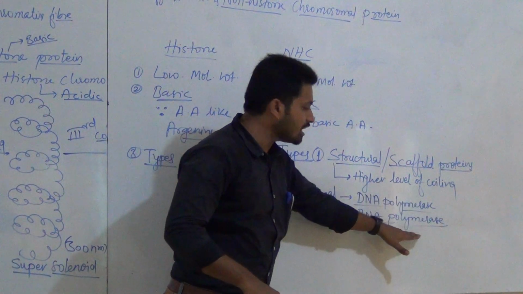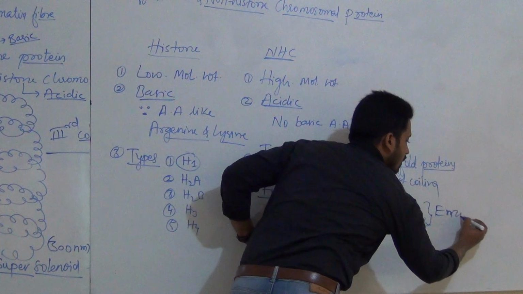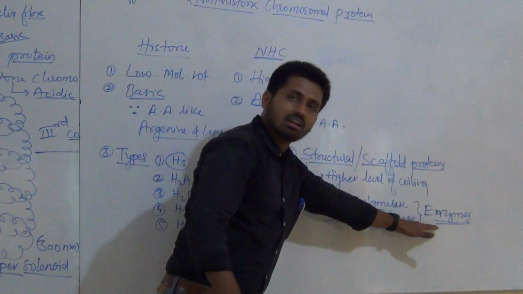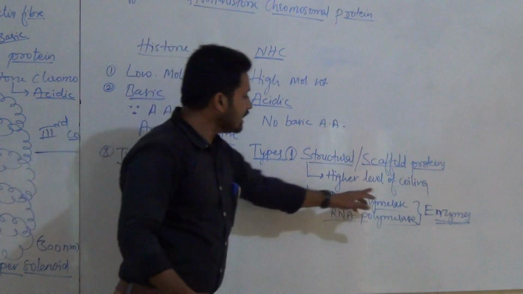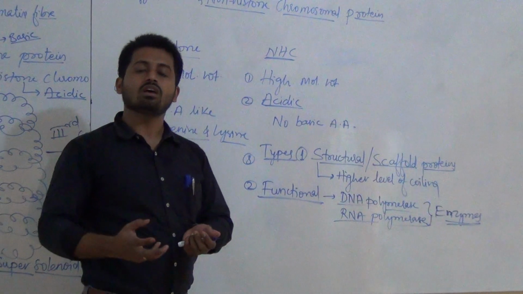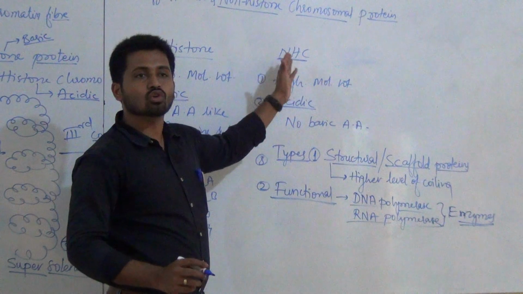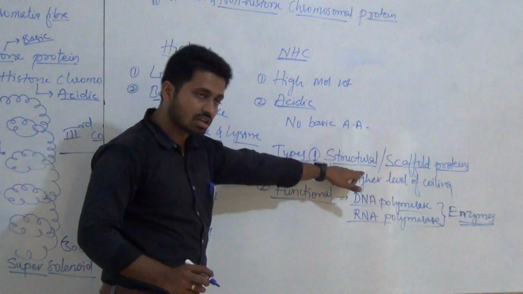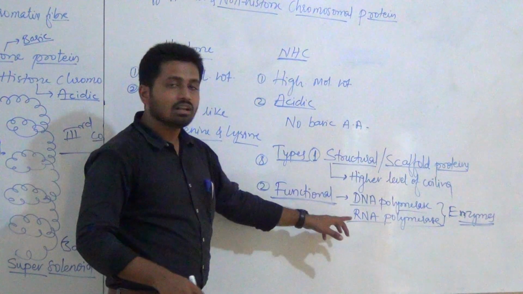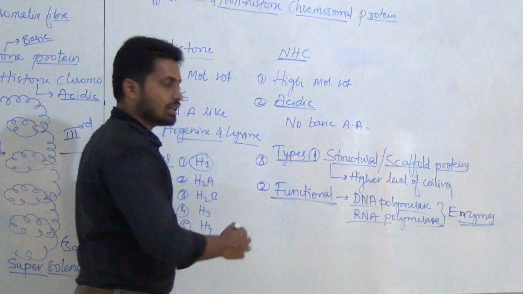DNA polymerase and RNA polymerase have important functions in DNA replication and transcription. All these are non-histone chromosomal proteins. Three types are there: structural, which helps in high-level coiling, that is chromosome formation, and functional, which helps in transcription, replication, like that.